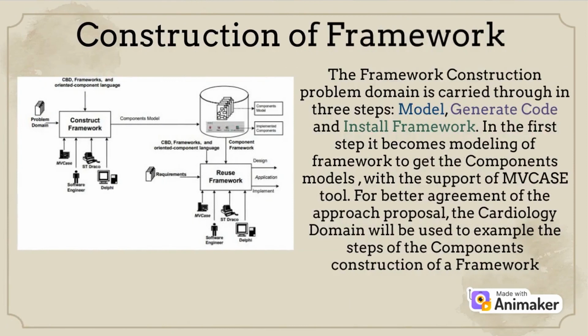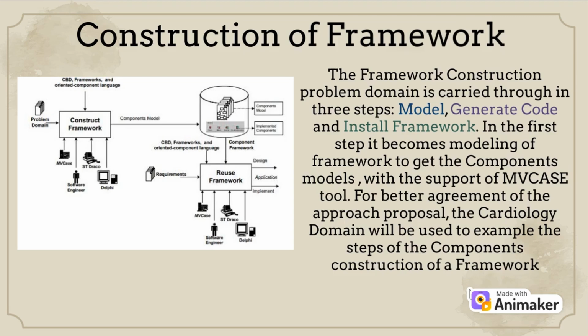For construction of framework, the framework construction problem domain is carried through in 3 steps: model, generic code, and install framework. In the first step, it becomes modeling of the framework to get the component models, with the support of a CASE tool for better agreement of the approach proposal.